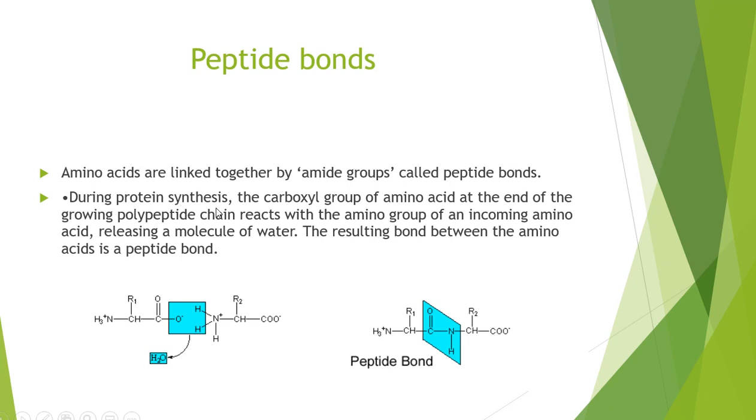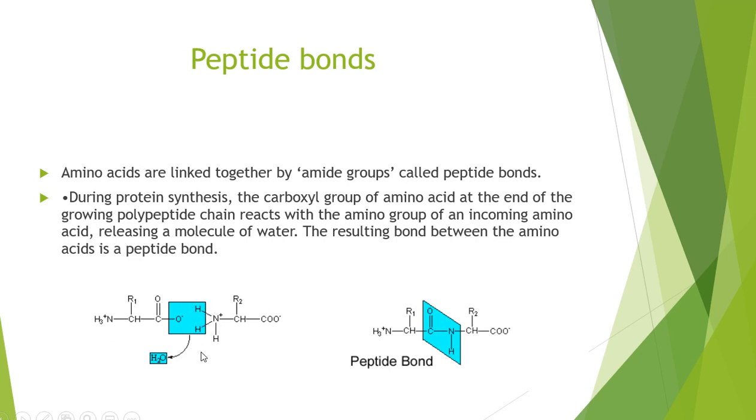During protein synthesis, the carboxylic group of an amino acid at the end of the growing polypeptide chain reacts with the amino group of an incoming amino acid, releasing a water molecule. The resulting bond between the amino acids is a peptide bond. If you observe here, this is one amino acid and this is another amino acid.